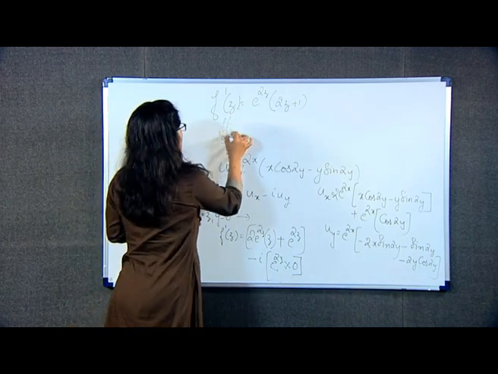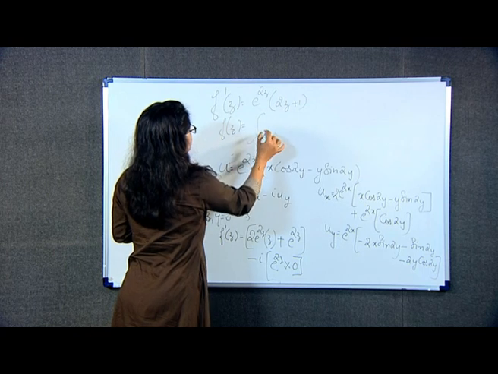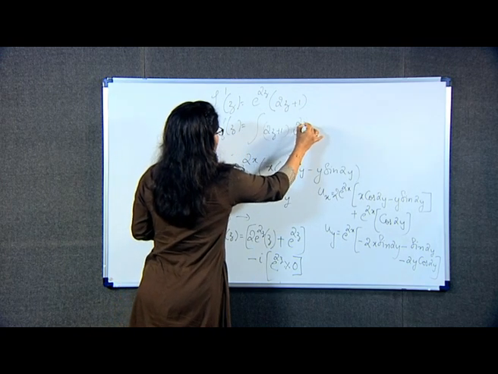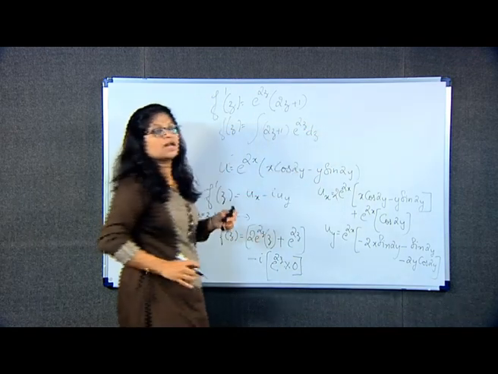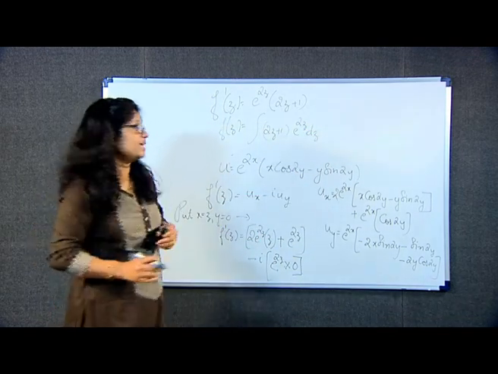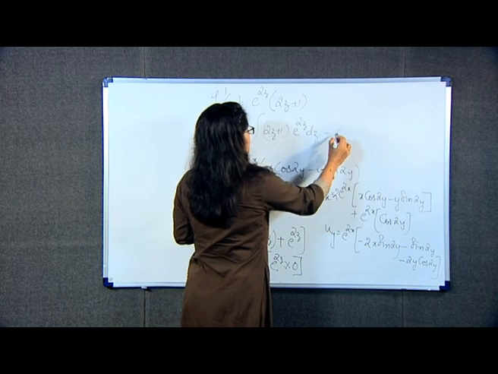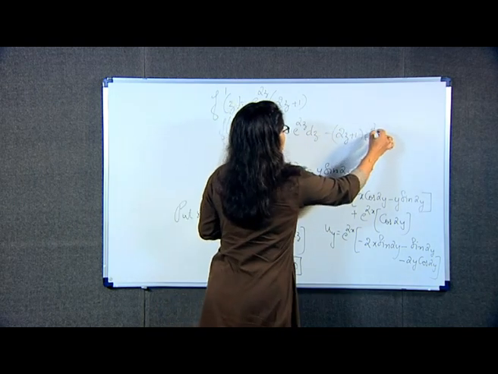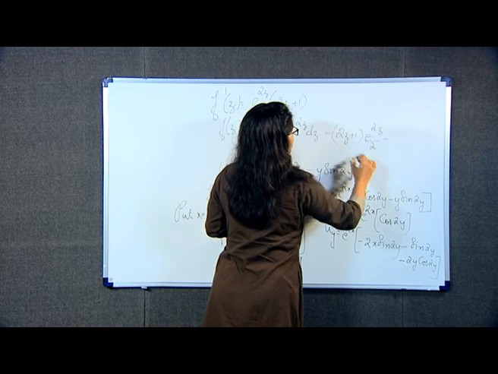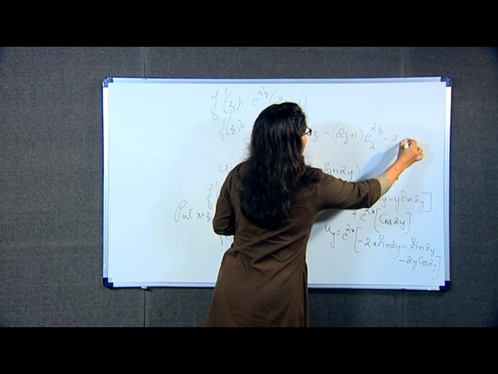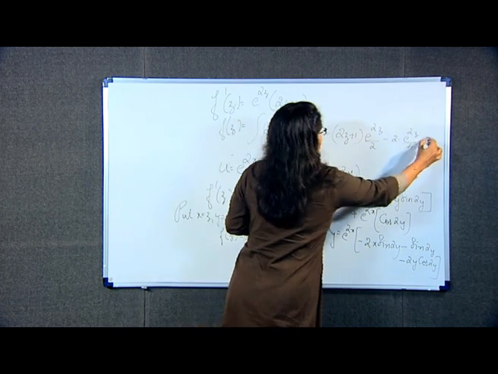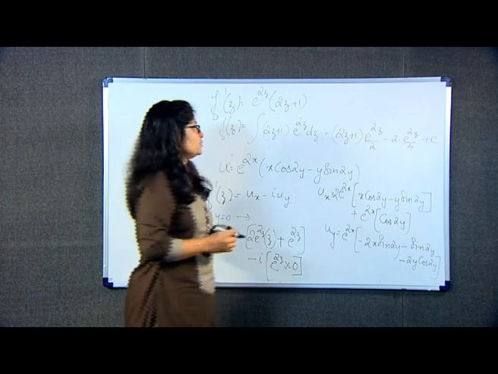I have to integrate this with respect to z. Once you get a function in terms of the variable z, you can directly integrate it. So, this is equal to (2z plus 1) into e raised to 2z by 2 minus 2 times e raised to 2z by 4 plus c, the constant of integration.